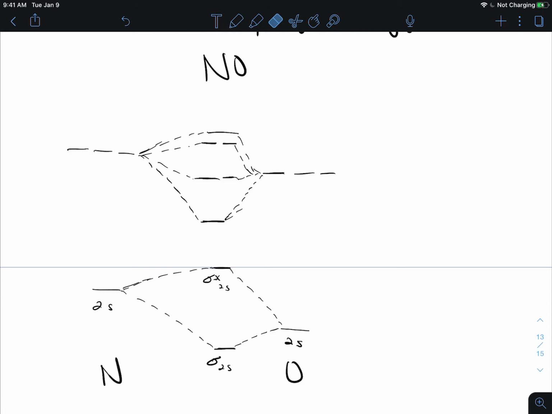Okay, there we go. Something like that. Again, not an artist. Then we put our electrons in. We have 6 electrons for oxygen, and then 5 for nitrogen. So giving us a total of 11 electrons.